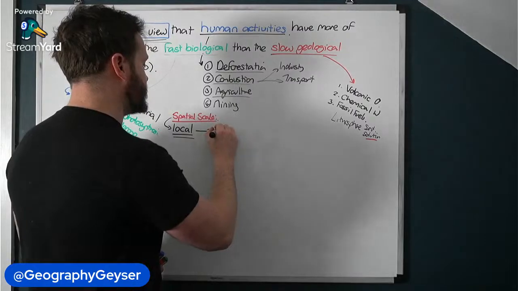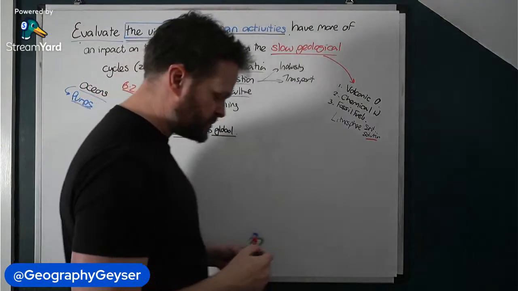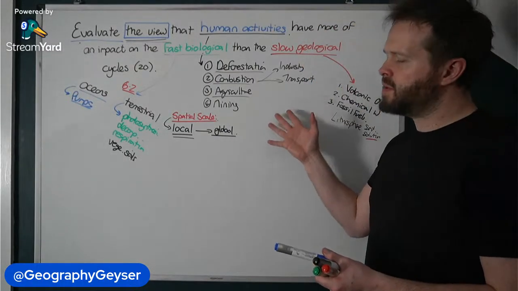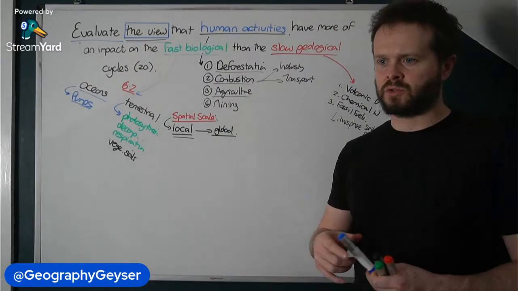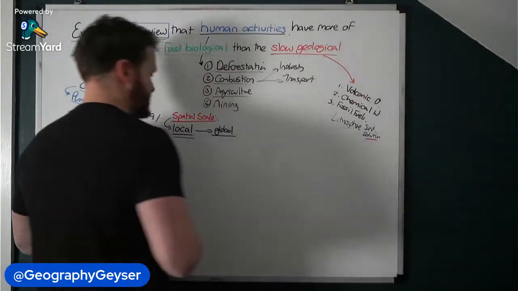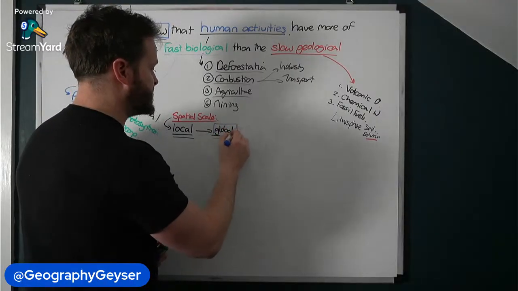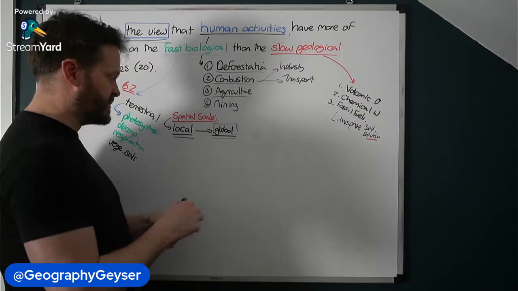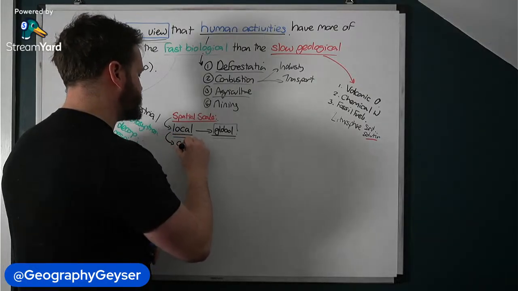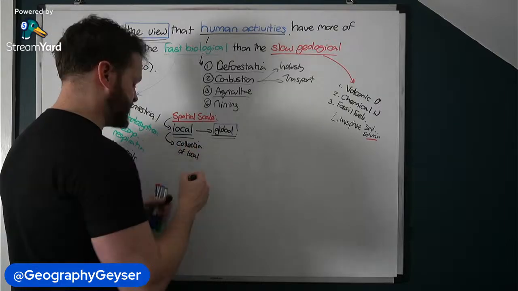When we consider the impacts at the global scale, we might well come to the conclusion that maybe we are actually impacting the slow geological cycle to a greater degree than we're impacting the fast biological cycle, because your slow geological cycle is global in its extent, whereas your fast biological cycle is quite simply a collection of local cycles.